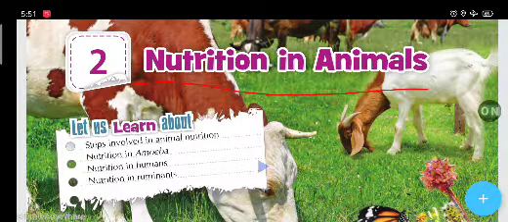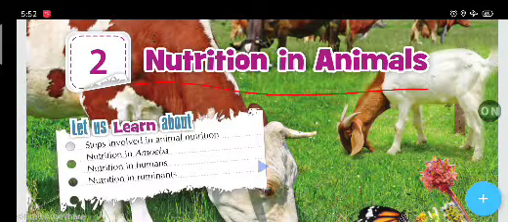We discussed autotrophic and heterotrophic nutrition. Autotrophic is self-dependent, which can occur only in green plants because they are producers, and heterotrophic mode of nutrition can occur in plants as well as in other animals.